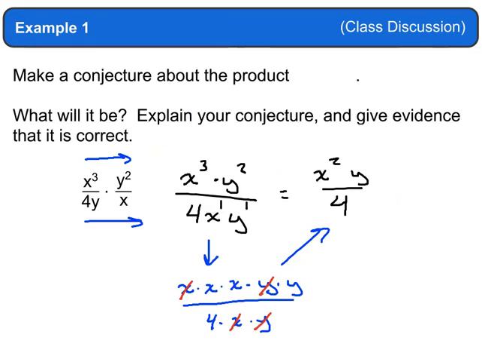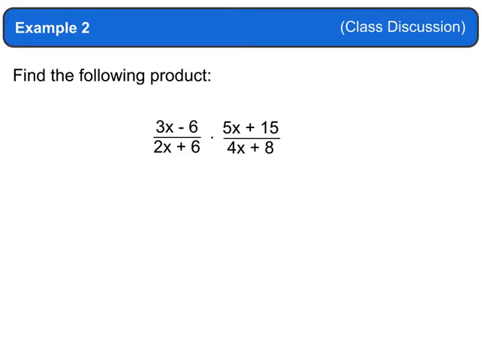So let's look at one a little bit more complicated. This one has a whole bunch of expressions in it. It seems like each one of them has its own respective greatest common factor. So one of the things we'll do is find the GCF for each one. The greatest common factor of this numerator is a 3, and that remains with an x minus a 2.